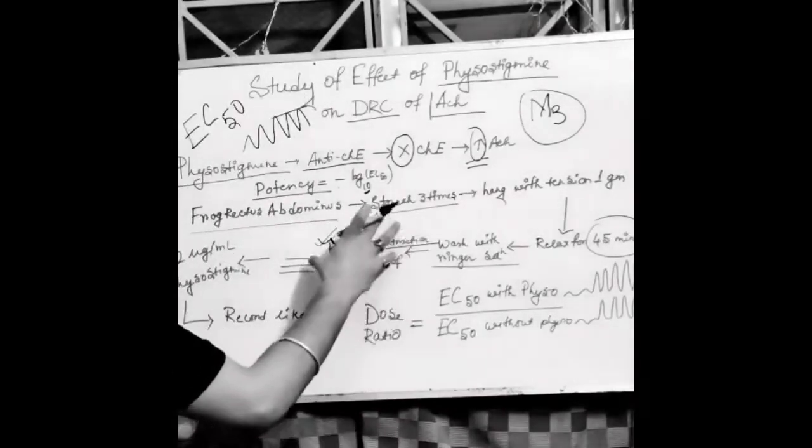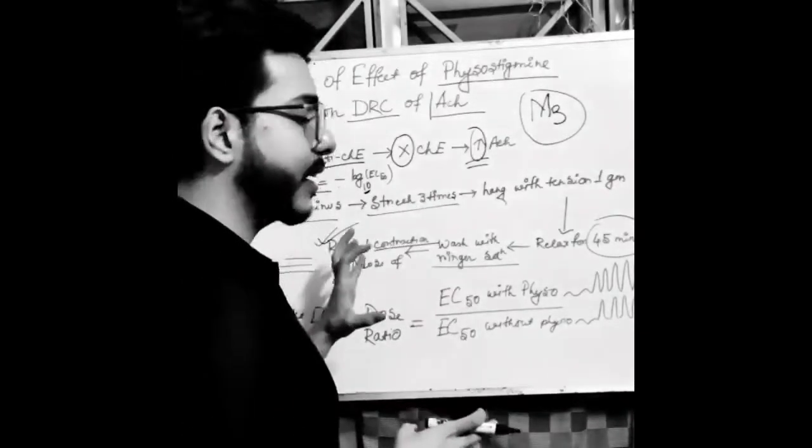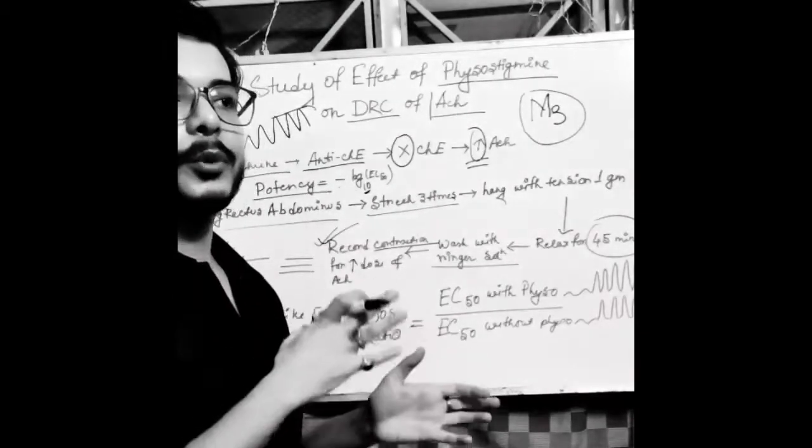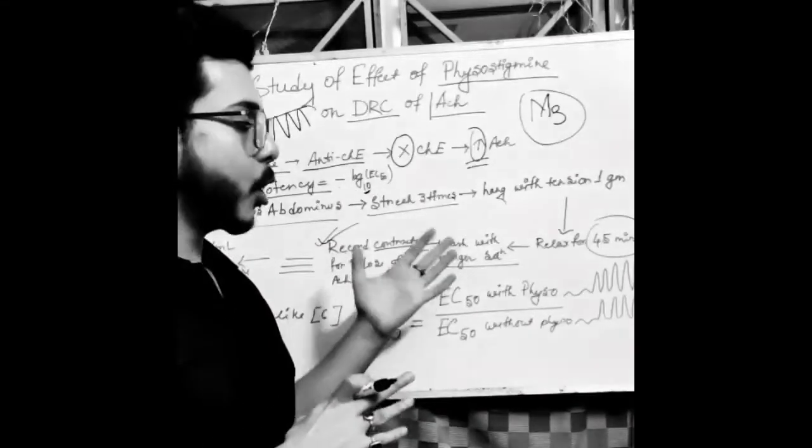Now what we are doing, the same frog rectus abdominis, we have to wash it with water and Ringer lactate solution, frog's Ringer solution.